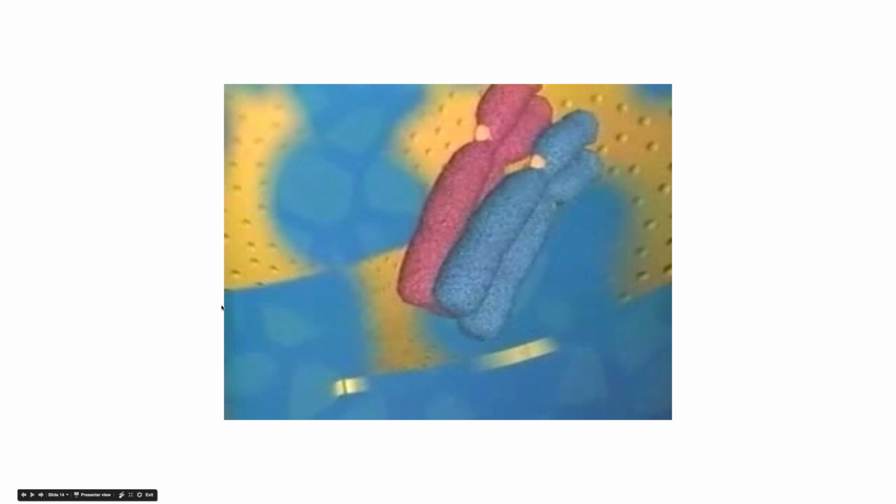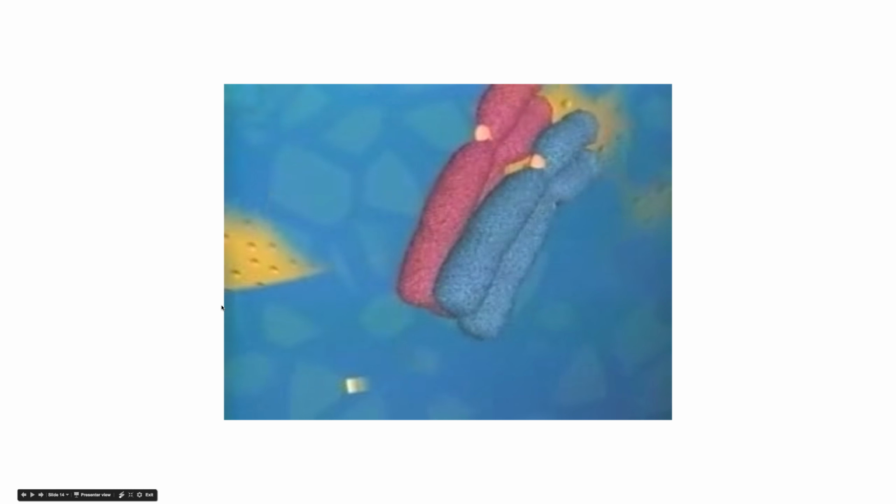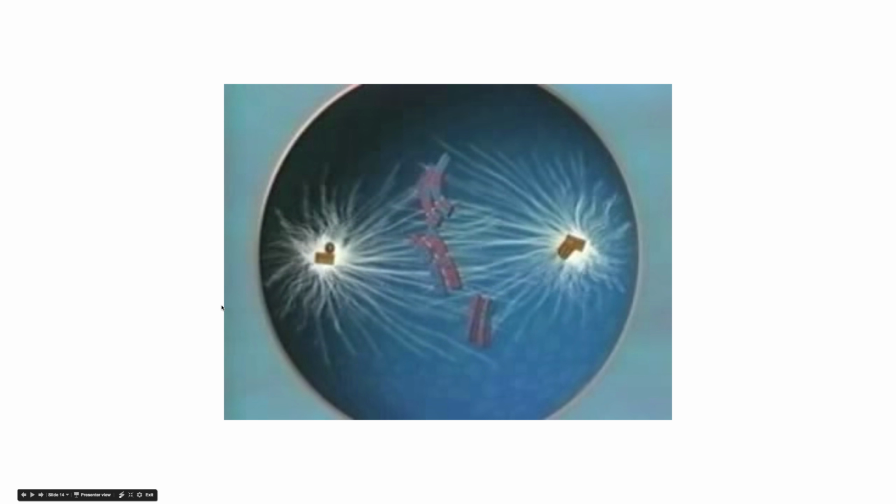Next comes the first shuffle of nature's genetic deck. The two homologs trade genes in a process called crossing over. This forms new hybrid chromosomes. The spindles then place maternal and paternal chromosomes randomly on each side of midline.